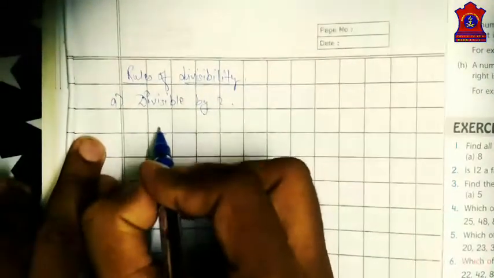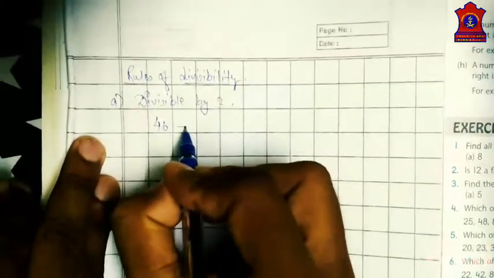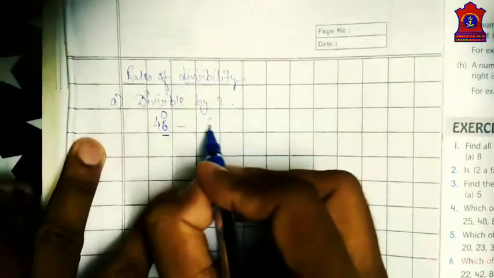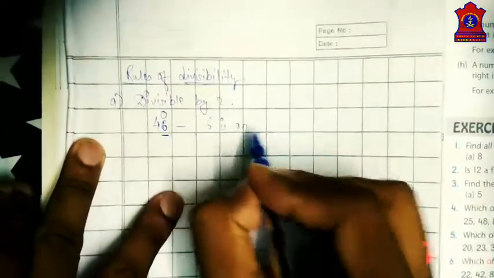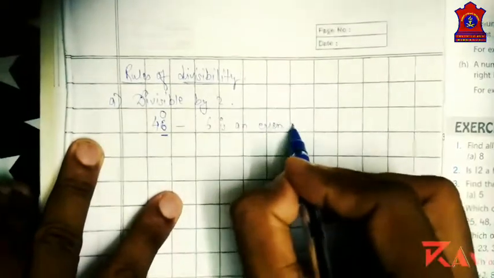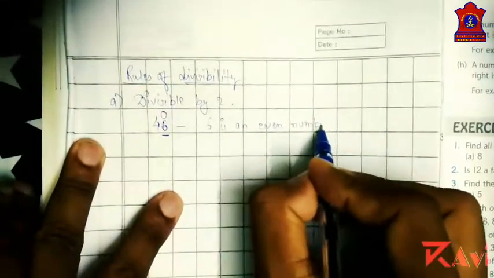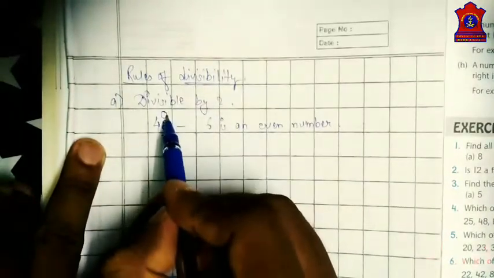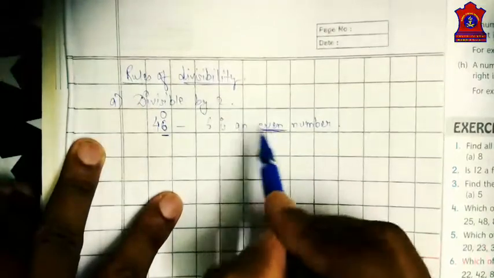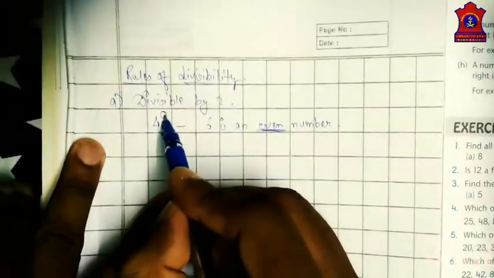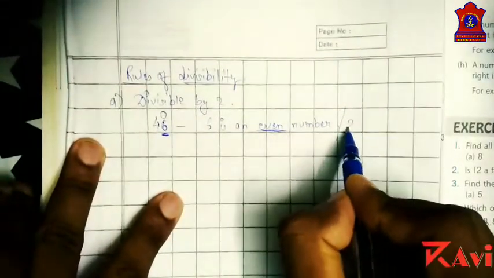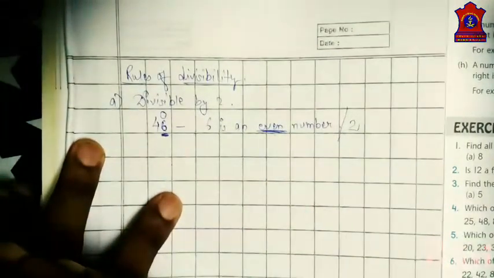Like a number is 46 here. Look at what is there at ones place. 6. Here 6 is an even number. When the digit at ones place is an even number, you can say that that number is divisible by 2.